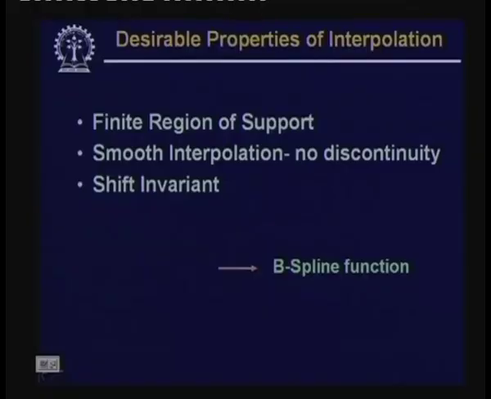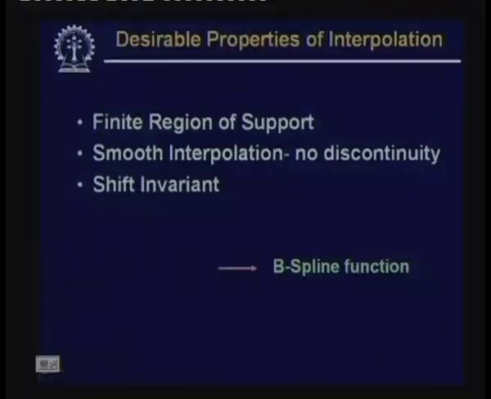The second property which the interpolation operation must satisfy is that it should be a smooth interpolation. That means, by interpolation we should not introduce any discontinuity in the signal. The third condition is that the interpolation must be shift invariant.